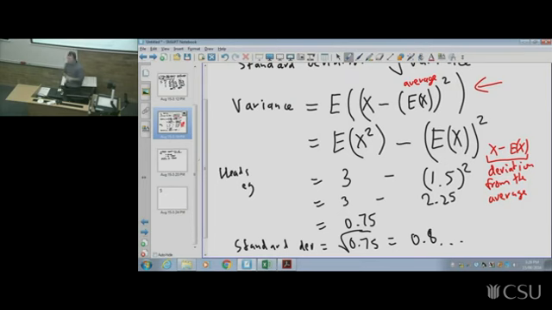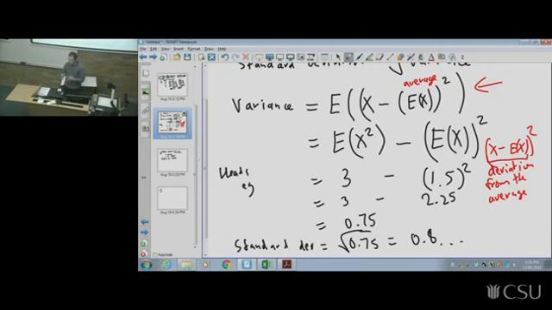One idea would be to just take the absolute value, if you know what I mean by that. That makes them all positive. The problem is the formulas get really nasty. After exploring different options, people worked out a long time ago that the easiest way to make them positive is just to square the deviations. Now it comes with a cost, which I'll mention in a second, but essentially that's what we're trying to do.